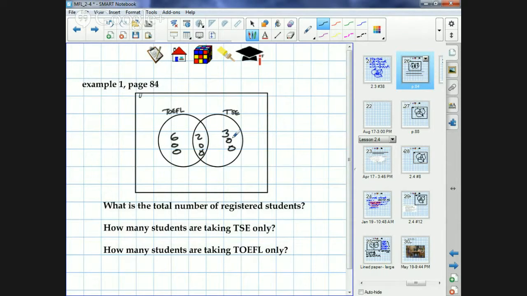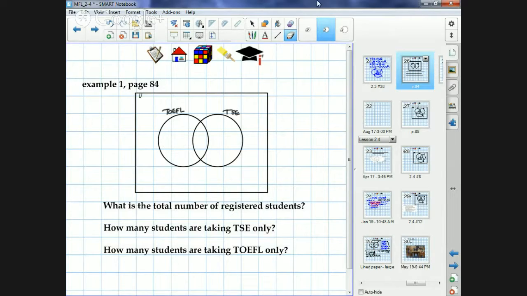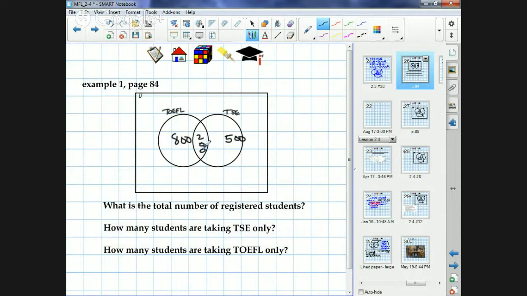Now, can you see why we put that 200 in the inside? Here's what most students do wrong. By the way, this is done correctly now. Most students want to say, okay, TOEFL 800, and then the next thing is 500 for TSE, and then 200 is where they overlap, and that's incorrect.